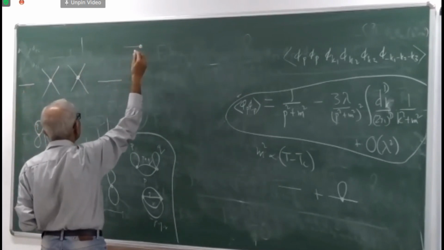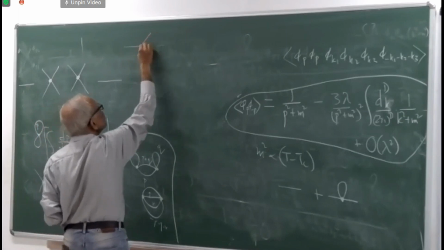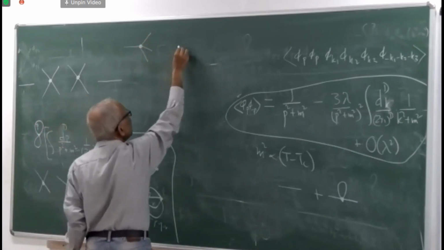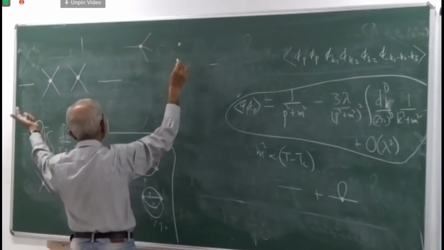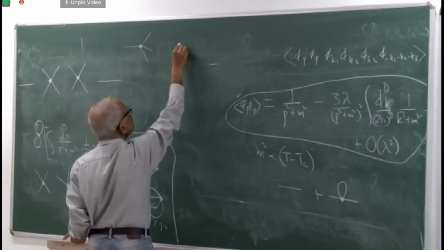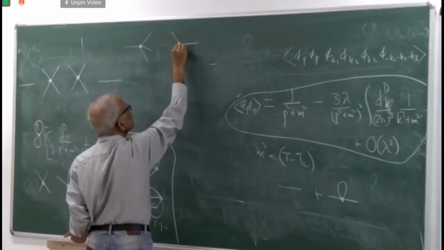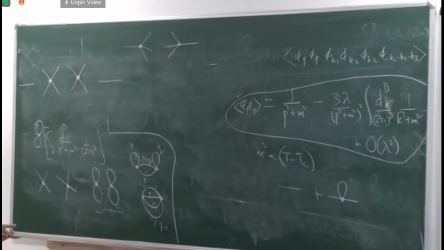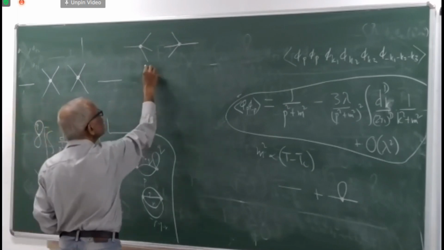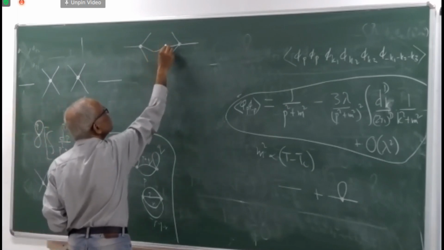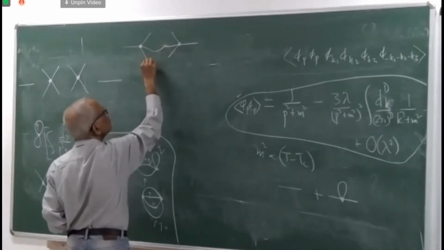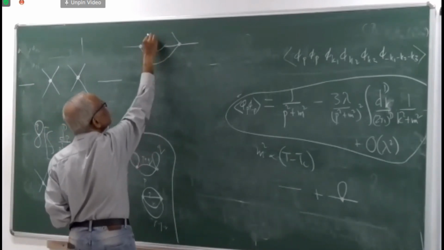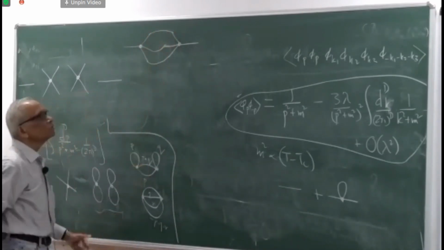And I have 3 of these, and over each vertex, I can have others. So now you can connect each one, and you get a correlator here, a correlator here.